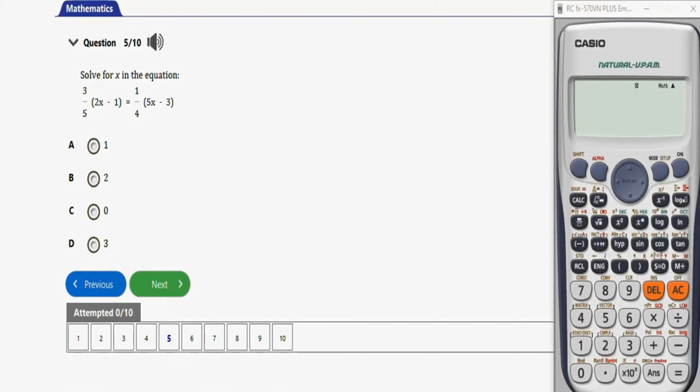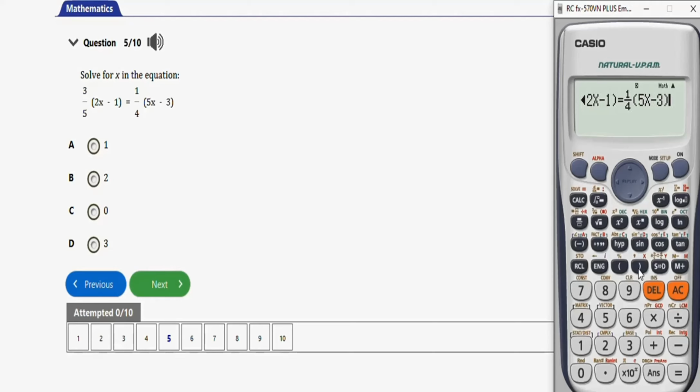For this question we have in fraction 3 over 5, then we have in bracket 2x, alpha x, minus 1, close the bracket, equals, press alpha and this calc button, in fraction 1 over 4, then we have in bracket 5x, alpha and this button, minus 3.